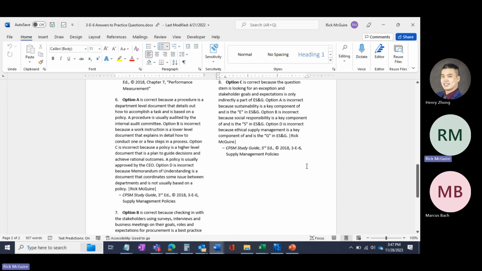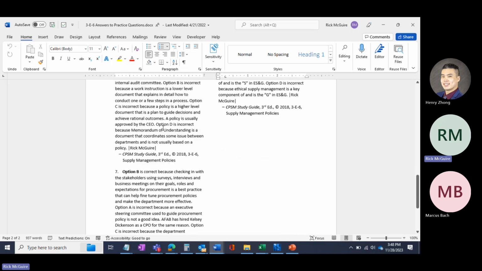Six is also Alpha. A procedure is a department level document that details out how to accomplish a task, as opposed to a policy, which is a corporate level document. And he was concerned about the department.